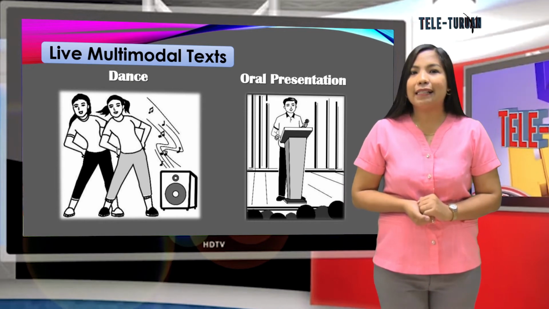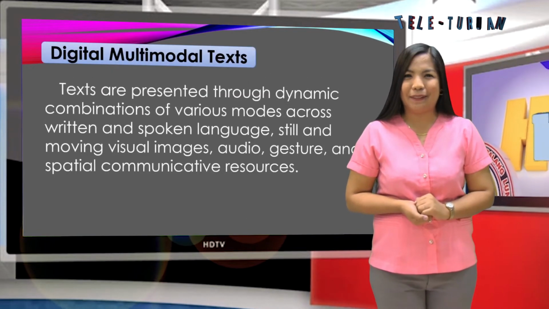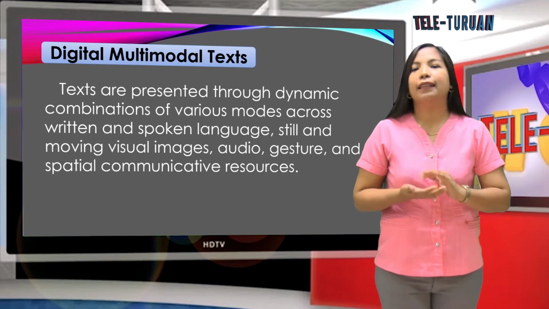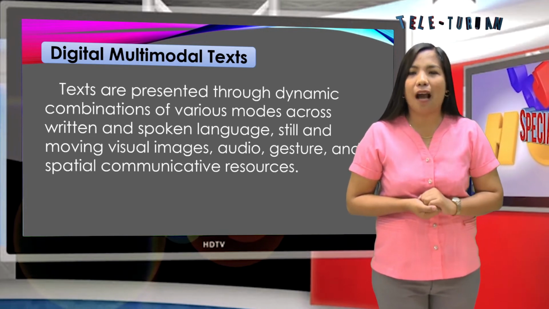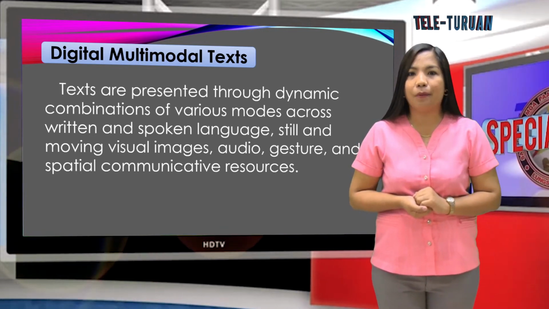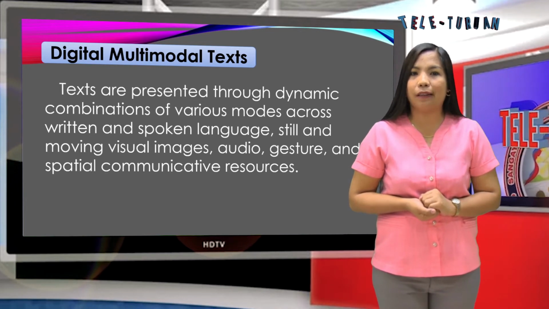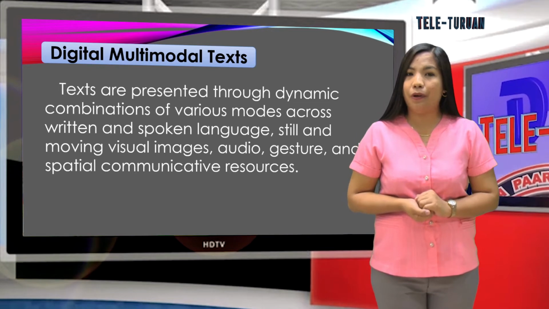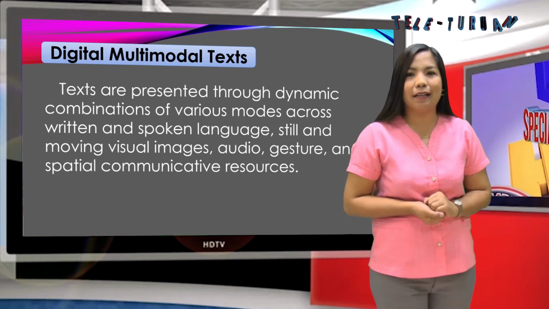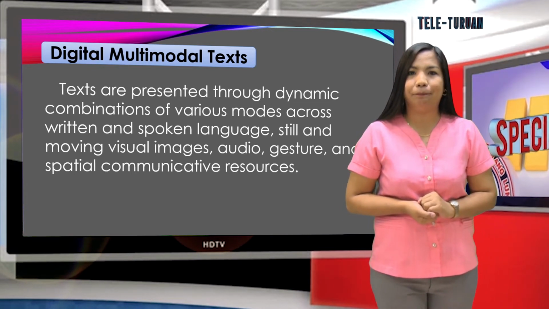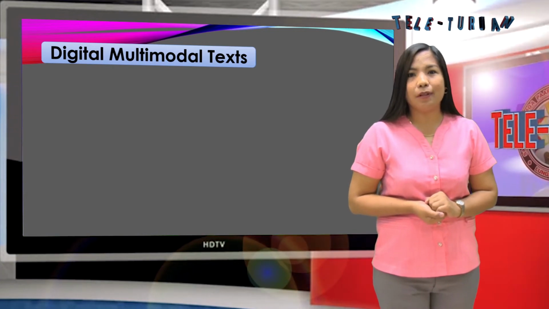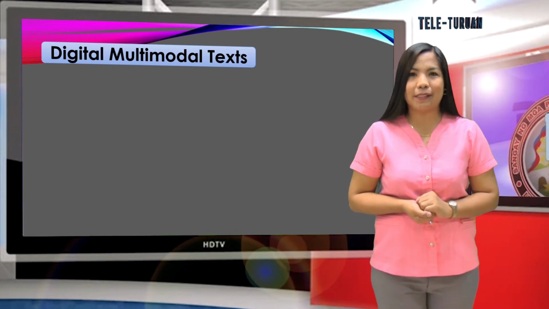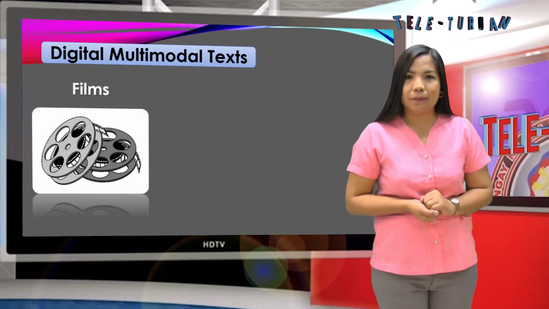The second is the digital multimodal text. In this kind of text, the details are presented through dynamic combinations of various modes across written and spoken language, still and moving visual images, audio, gesture, and spatial communicative resources. Here are some examples of digital multimodal text. First, films.